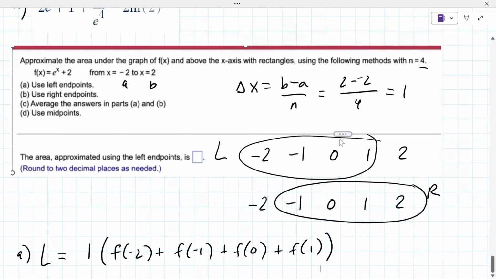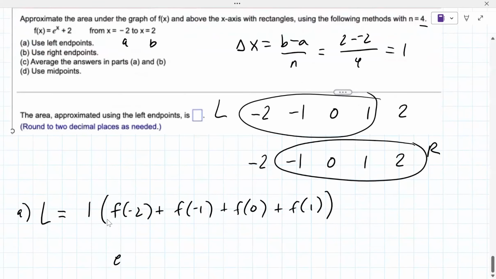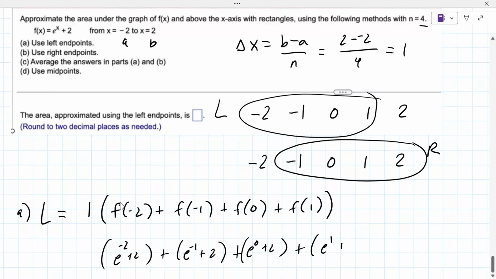So you can see it's basically these four values inserted in for x each time. And so you put that in: e to the negative 2 plus 2, e to the negative 1 plus 2, e to the 0 plus 2, e to the 1 plus 2.